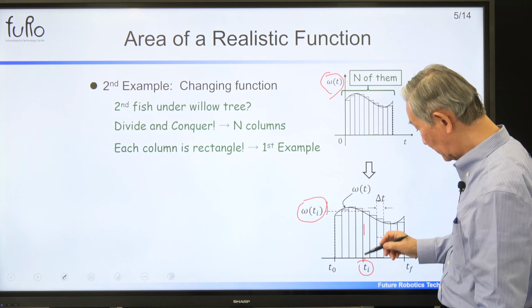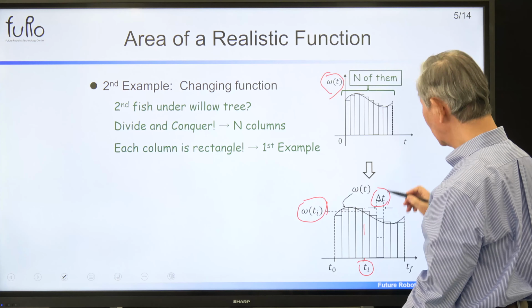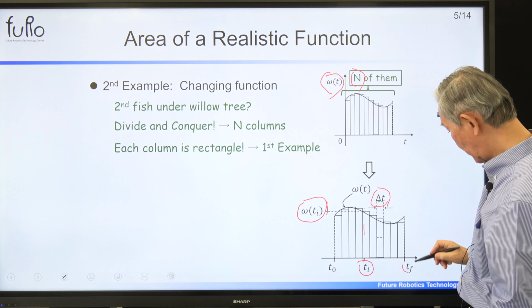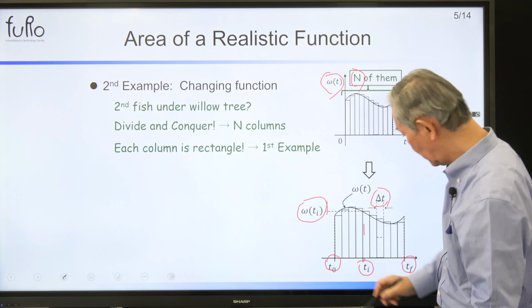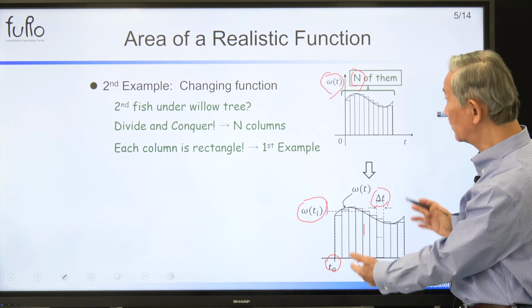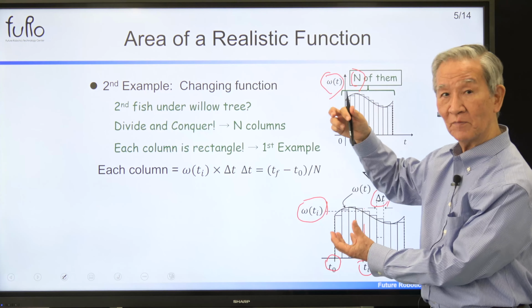So the height is omega of t_i, and you divide the t_0 to t_f interval into n pieces. The area is omega(t_i) times delta t, where delta t is t_f minus t_0 divided by n. So that's one column, one rectangle.